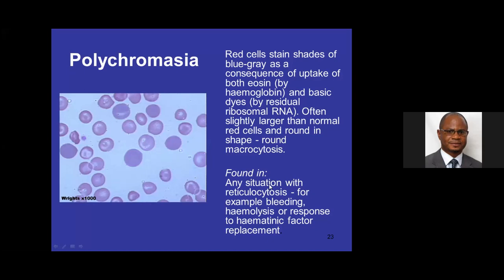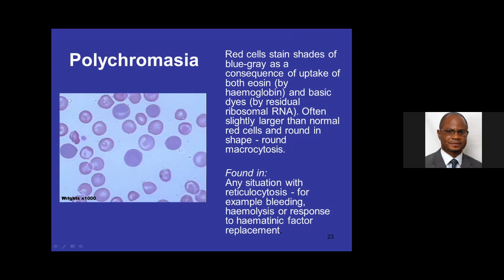So it's a situation with reticulocytosis. When the reticulocytes are more, you see polychromasia. For example, bleeding, hemolysis, or response to hematinic factor. If somebody is given a blood tonic, which in this case is called a hematinic, the blood tonic will instigate production of red cells.